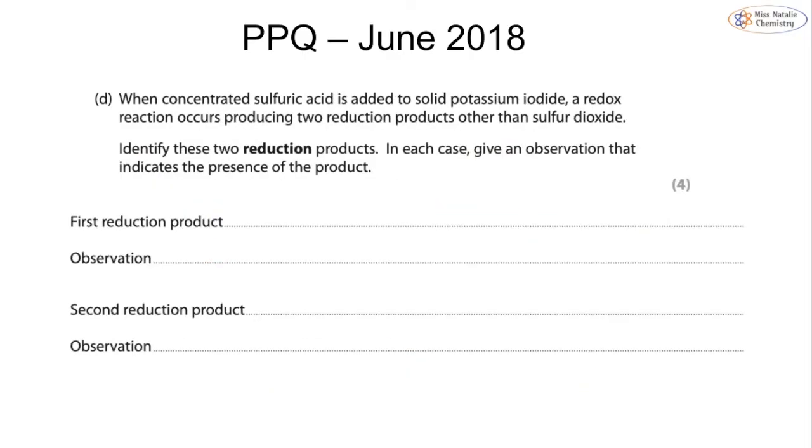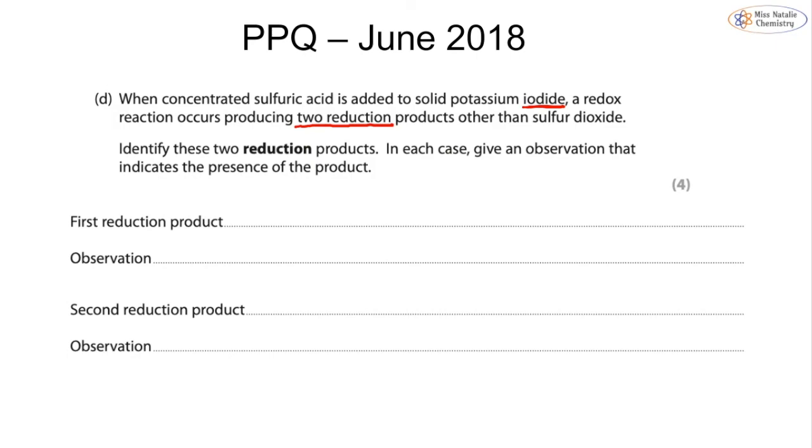When concentrated sulfuric acid is added to the potassium iodide, again we get this redox reaction and we get 2 additional reduction products being formed other than the sulfur dioxide. So we make the sulfur dioxide and we get 2 more. We want to identify what both of them are and then identify an observation that indicates the presence of these.